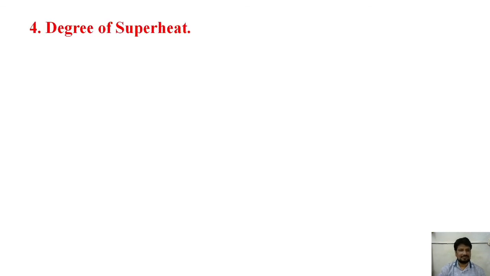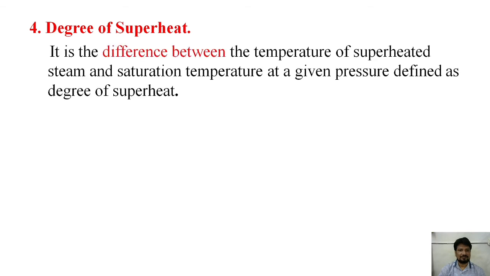Next one is the degree of superheat. Degree of superheat means, once we convert dry steam to superheated steam, the temperature difference between the superheated temperature and the saturation temperature is known as the degree of superheat.